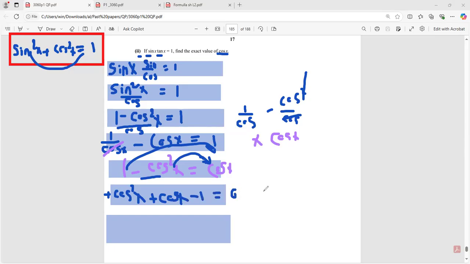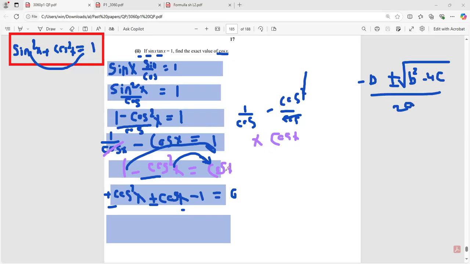Actually, this cannot be factored. We are going to solve it with the coefficients a, b, and c with the rule, which says x equals negative b, positive or negative, square root of b squared minus 4ac, all over 2a.